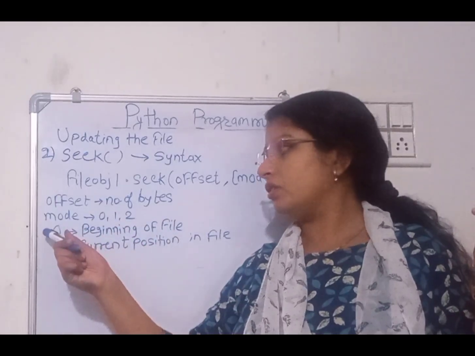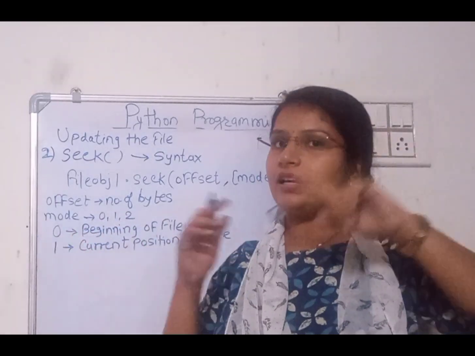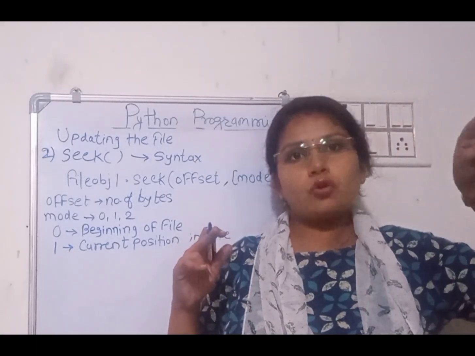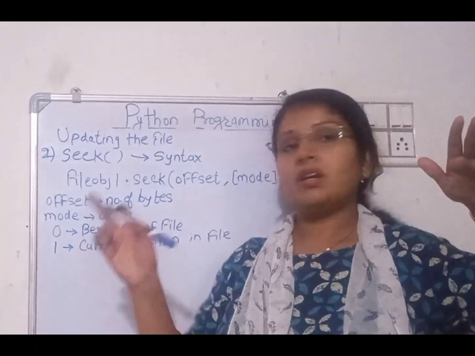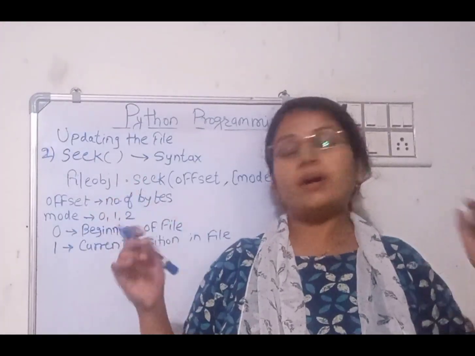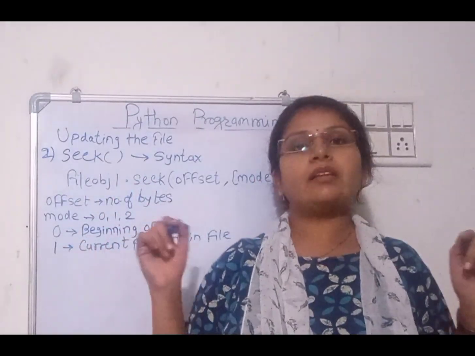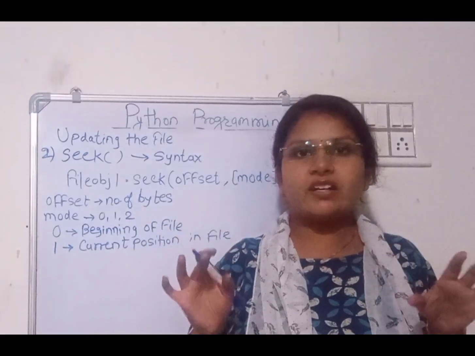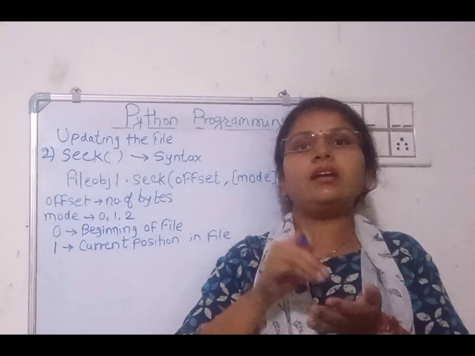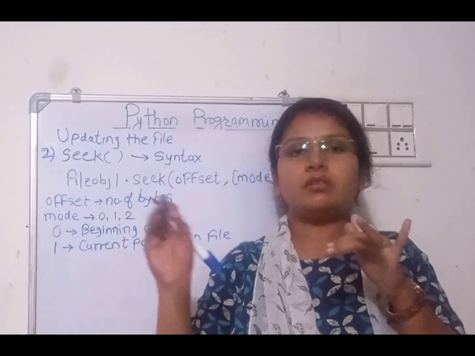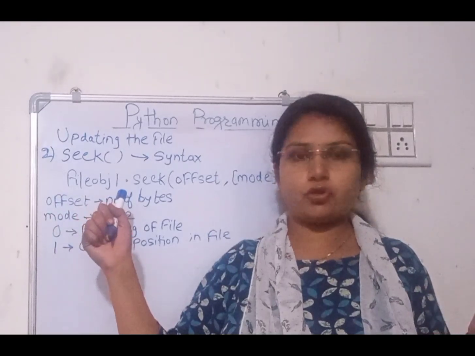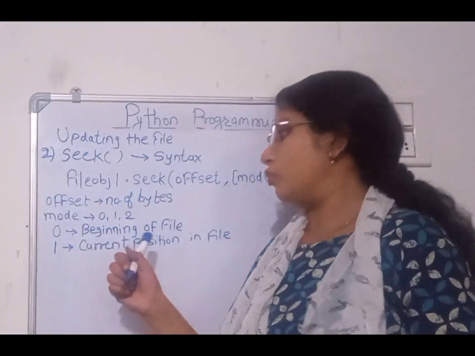If you mention 0, your file pointer first goes to the beginning of the file, and then moves the offset number of bytes. But if you mention 1, you stay wherever you are, and move the file pointer the offset number of bytes before or after.